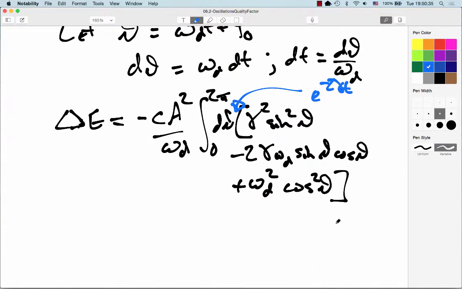However, if gamma is much less than omega_d, so if it's weak damping, then we can get away with taking this outside the integral because the idea is that it won't have changed very much over that time. So that's what we're going to do.